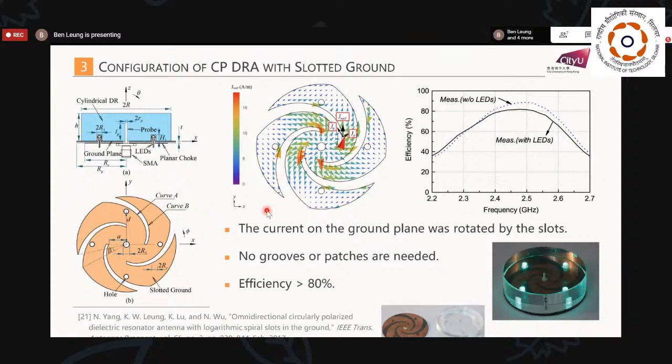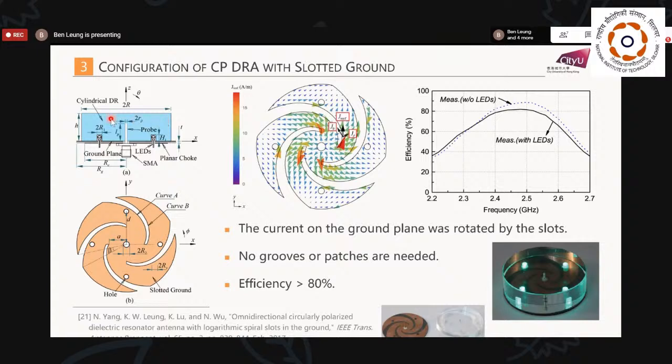Now, the good thing about this design is that we can obtain a CP antenna by using a simple DRA. We don't need to introduce any patch or change its structure, or truncate its corner, etc., to obtain a CP antenna.